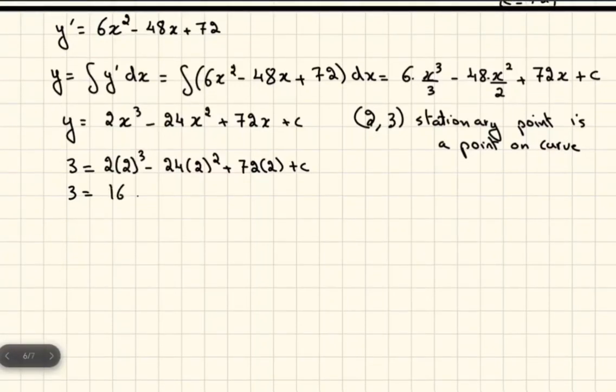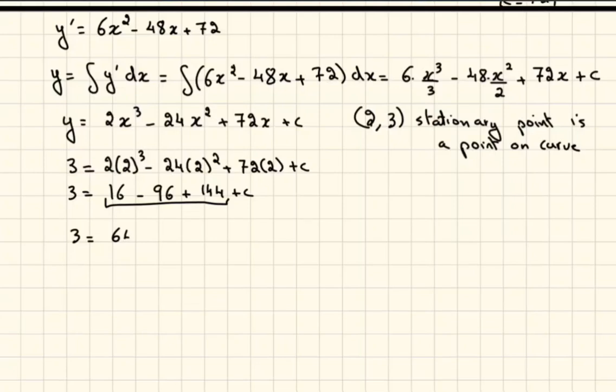So this will give us 16 minus 24 times 4, which is 96, plus 72 times 2 is equal to 144, plus c. If you want to simplify these, you can. So we get 3 equals 16 minus 96 is minus 80, plus 144.